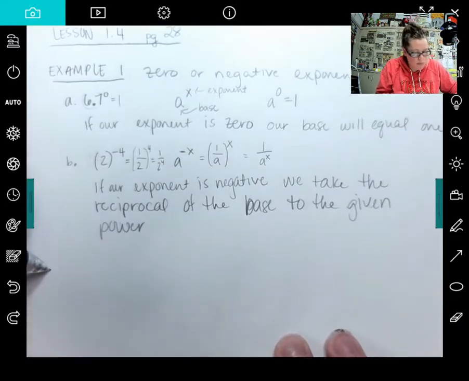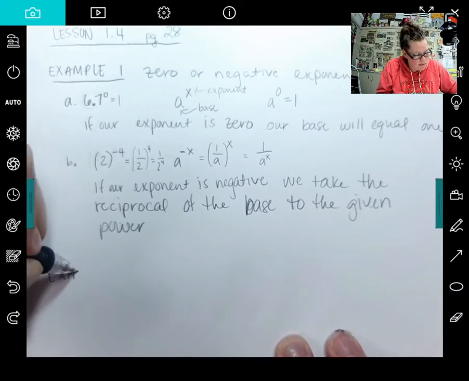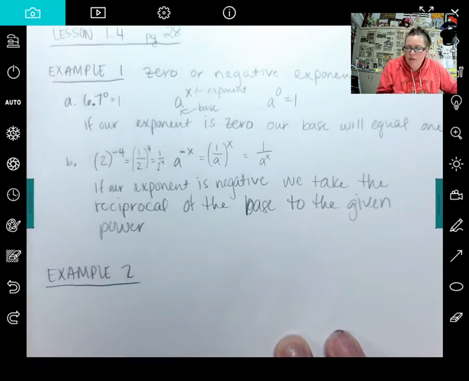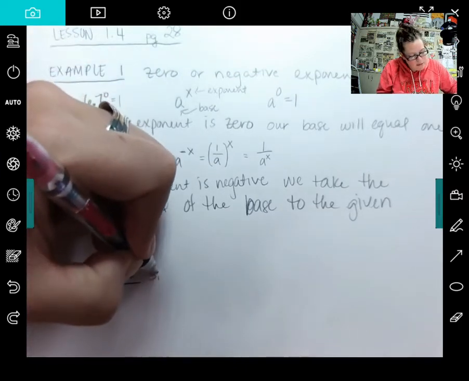Example 2. Example 2 is simplifying an expression.